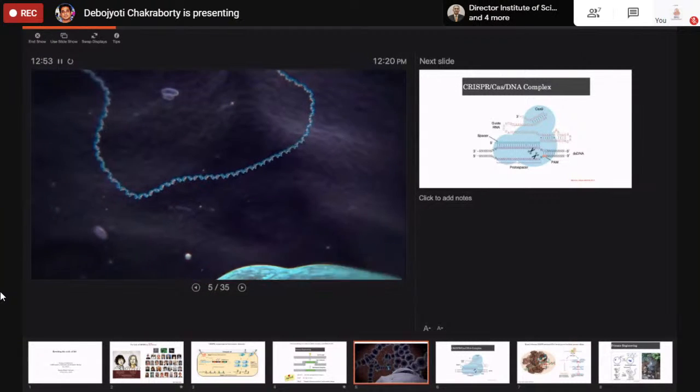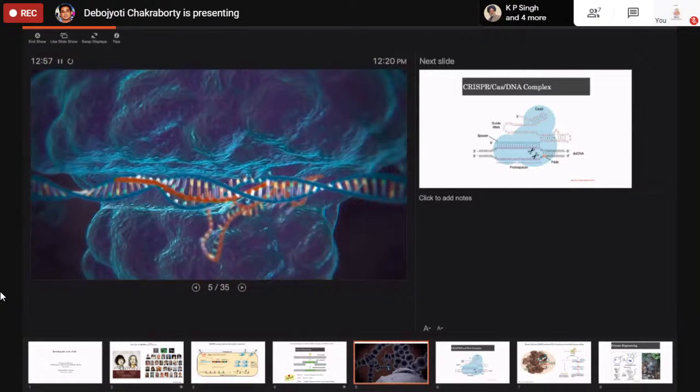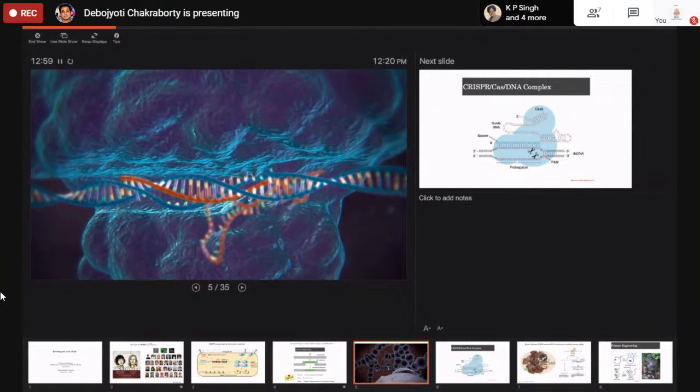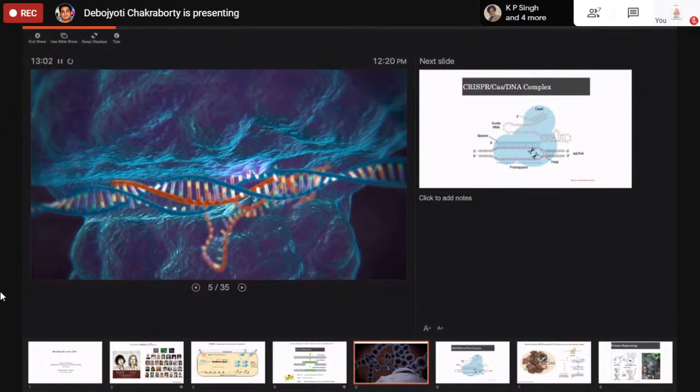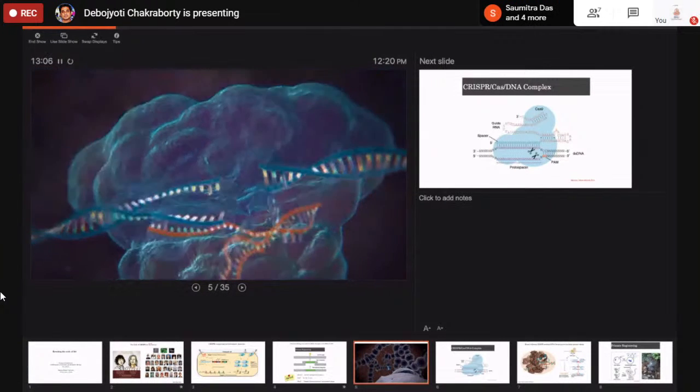That's how the bacterial adaptive immunity goes. There you can see it opens up the DNA, and it will now break this DNA. There will be a cut. There the cut happens.